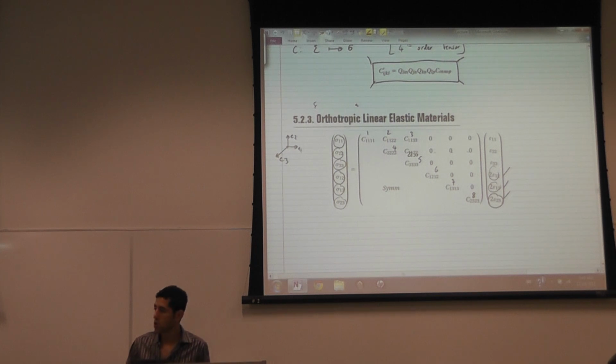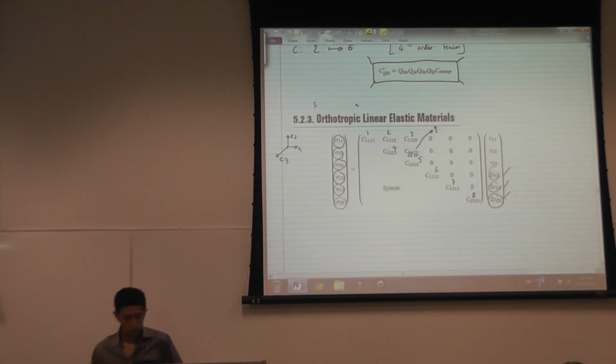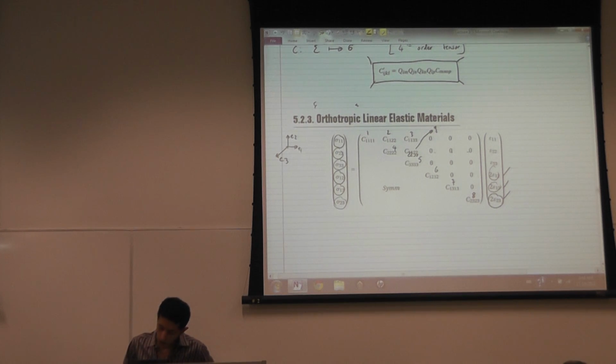I think in the new version of the book, this has been clarified. So 9 constants. If you're using the older version, I need 9 constants to define the relationship between the stress and the strain.